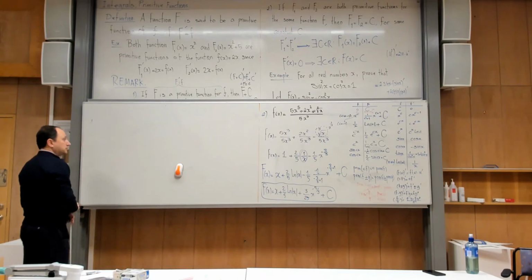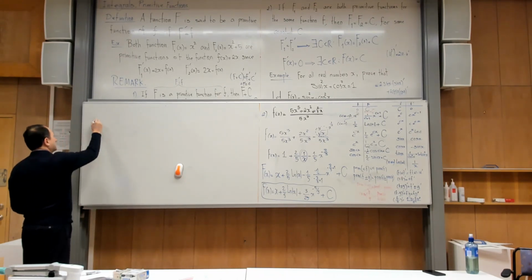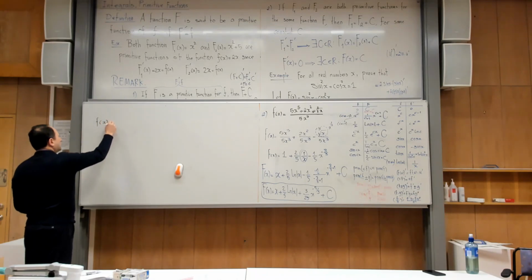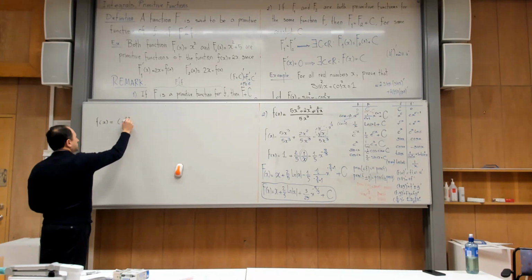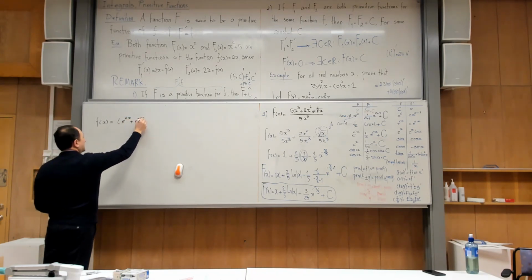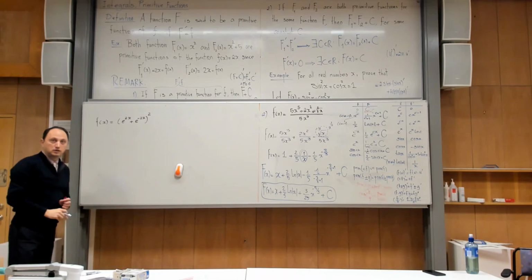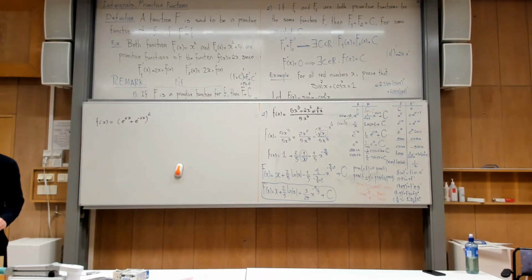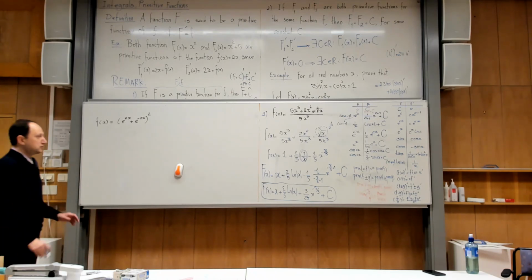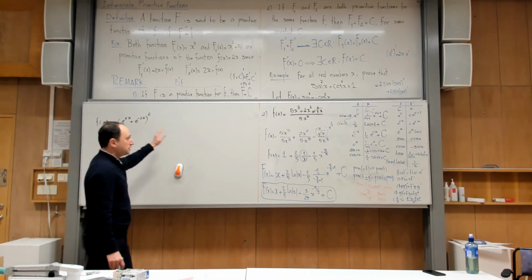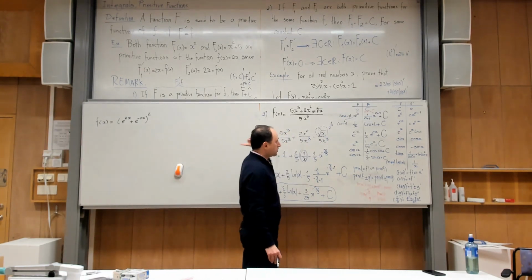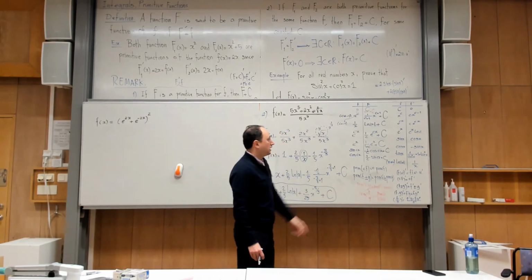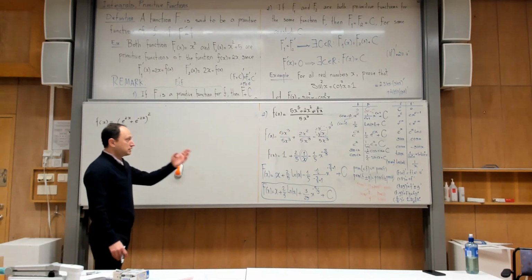For example, I give you this function, f of x equals, let us say, (e to power 2x plus e to power minus 2x) to the power of 2. I want to find all primitive functions for this function. Of course, you understand that this formula should be useful. But the point is that this function is not exactly that form. I have to change the form of the function so that I can use this.